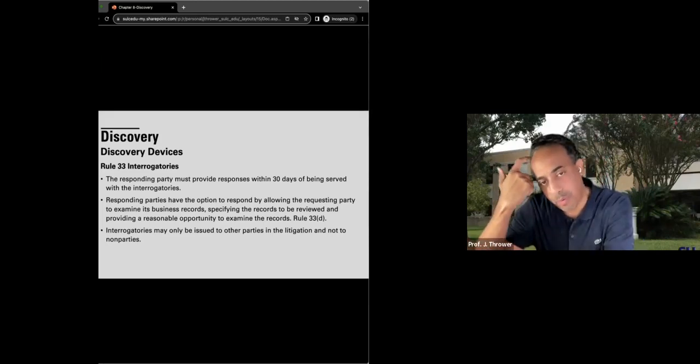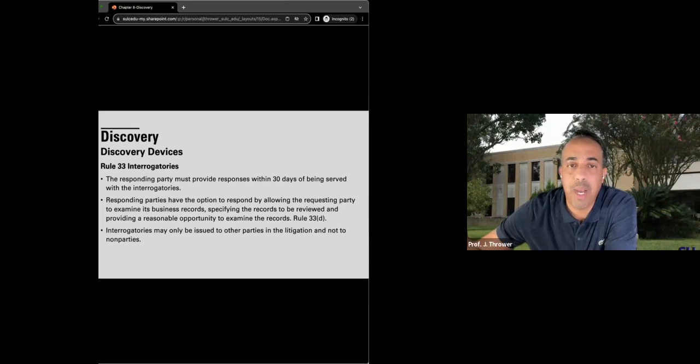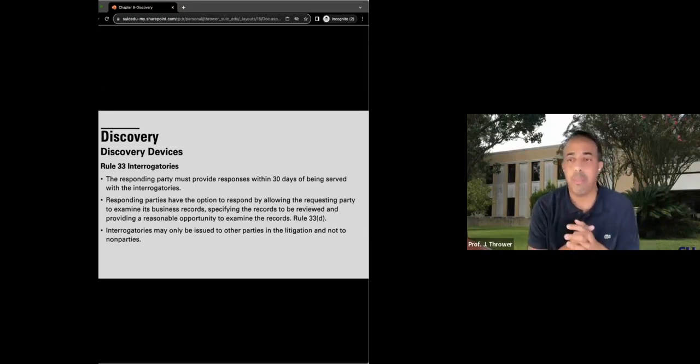Specifically under Federal Rule of Civil Procedure 33(d), responding parties have the option to respond by allowing the requesting party to examine their business records. They can specify the records to be reviewed, and they can provide a reasonable opportunity to examine the records.